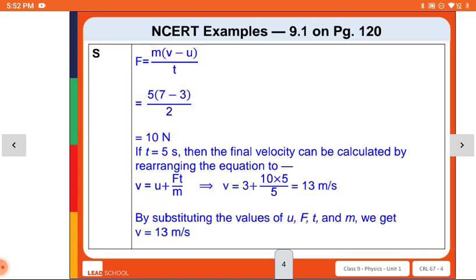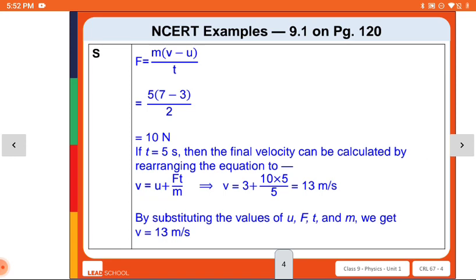The second part of the question is: when we apply the force for 5 seconds, calculate the final velocity. The time is 5 seconds and the force is 10 Newton.